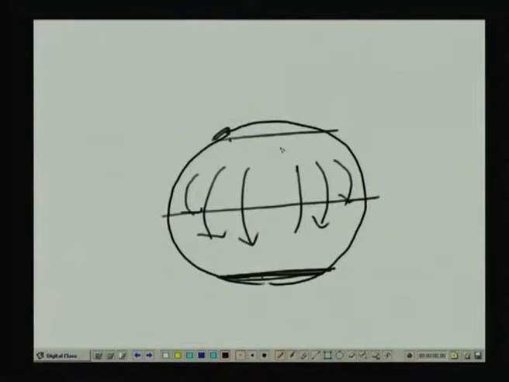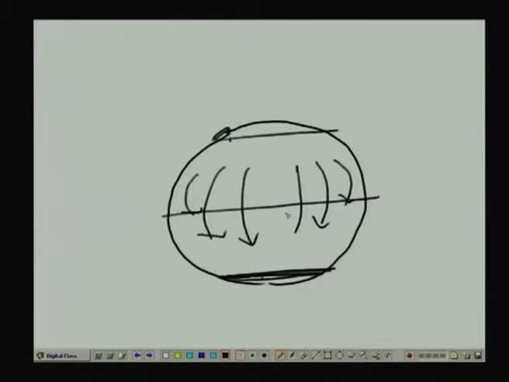As a result, the ozone which is supposed to absorb the radiation from the sun would not be in a position to do so as actively as it used to.